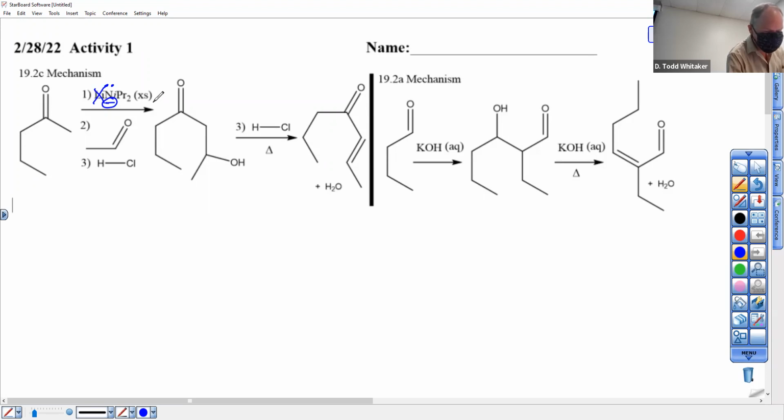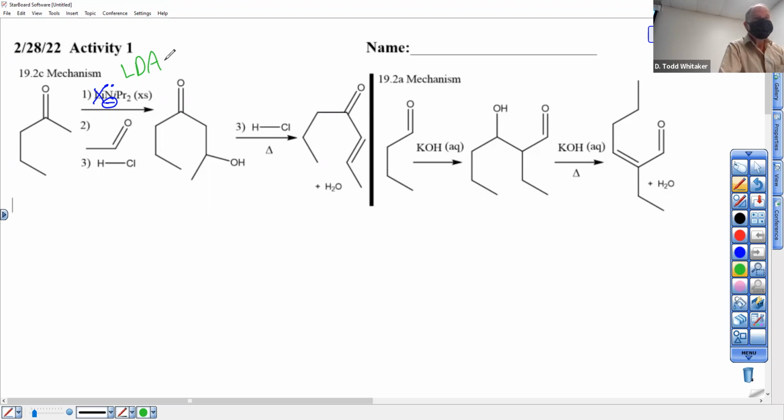Lithium diisopropyl amide, LDA, is a bulky, strong base, which means it likes grabbing alpha H's on the least hindered carbon. That's all LDA likes to do.